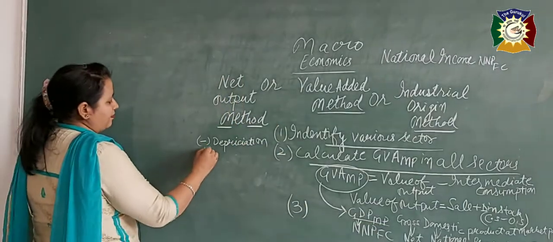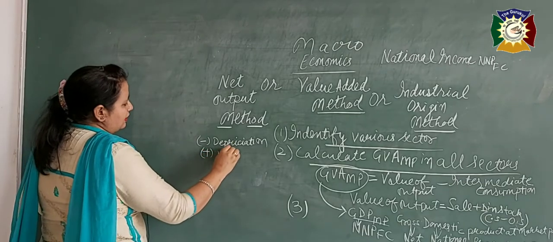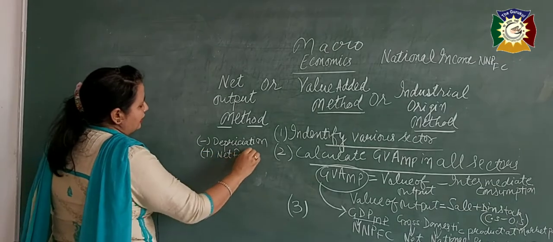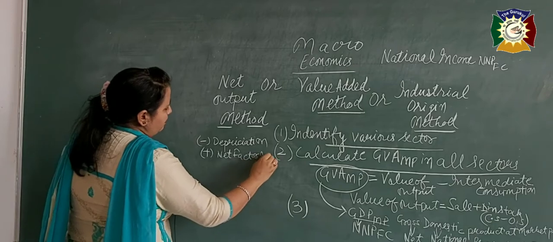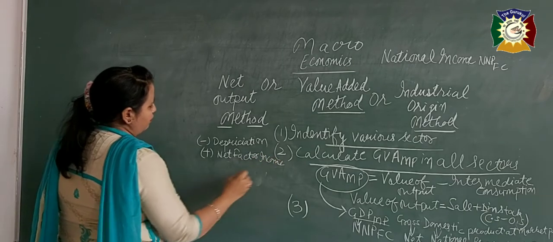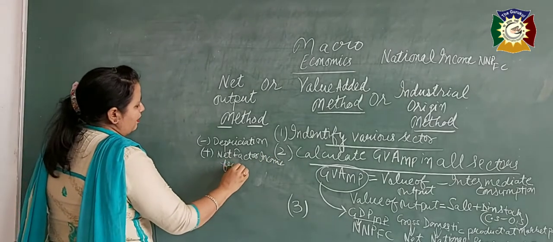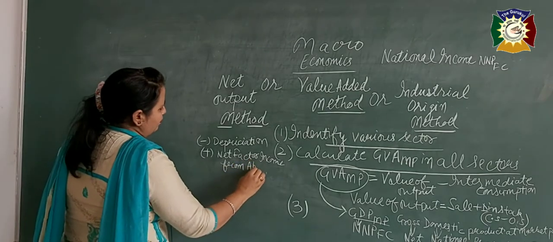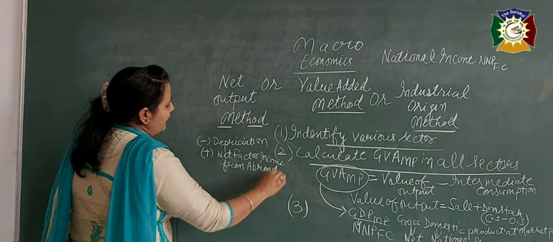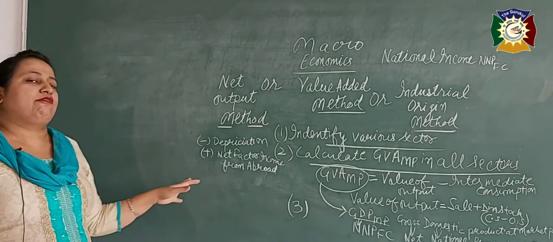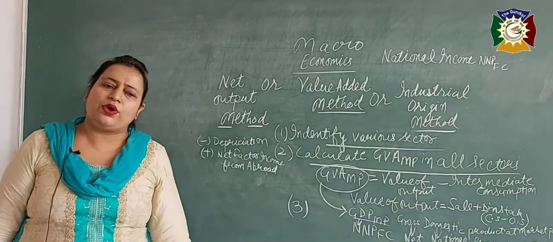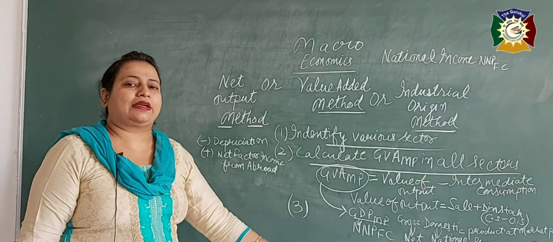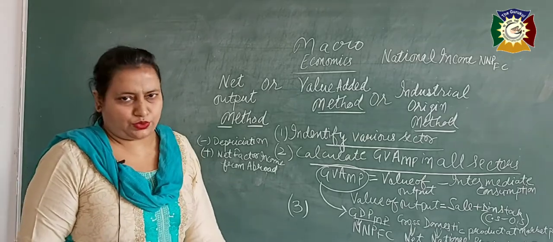By adding net factor income from abroad. Formula to find net factor income from abroad: factor income from abroad minus factor income to abroad.